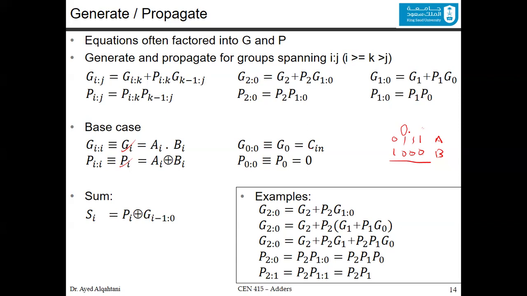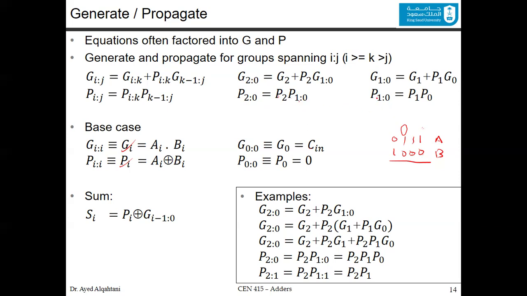Basically, the propagate from stage J to stage I, and usually J is equal to 0, so from the first stage to a certain stage, whether it's the first, the second, the third, or the fourth. So the propagate from, for example, 0 to 2 is the propagate of the same stage that you are interested in, and with the propagate from 0 to 1.